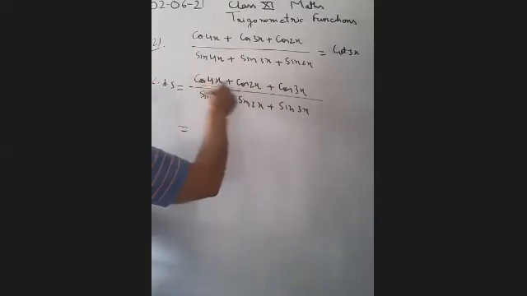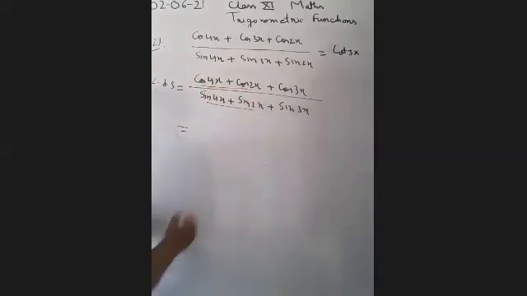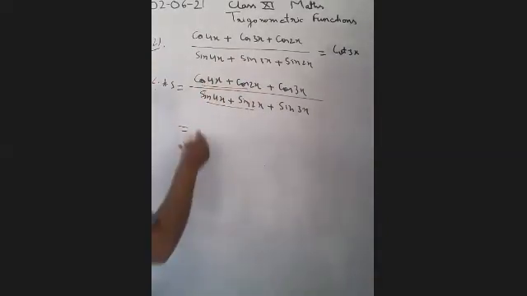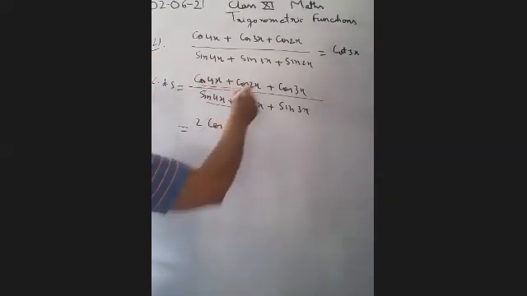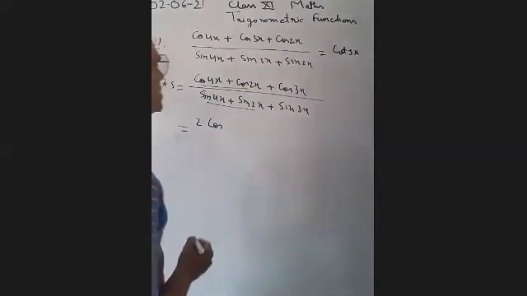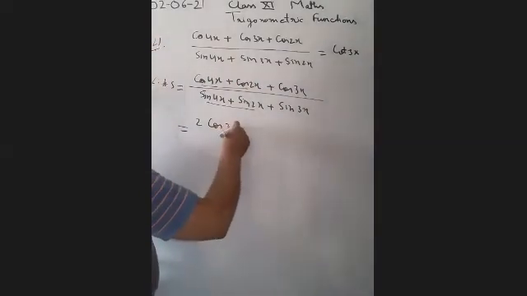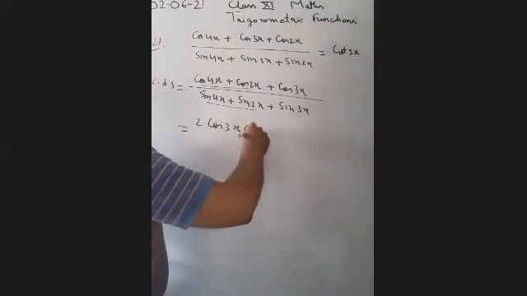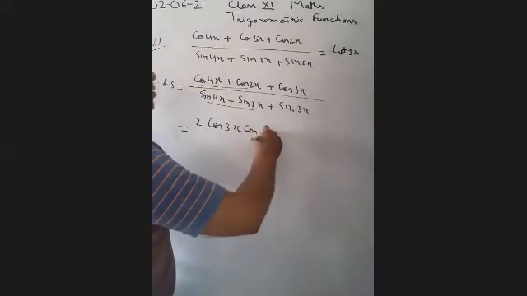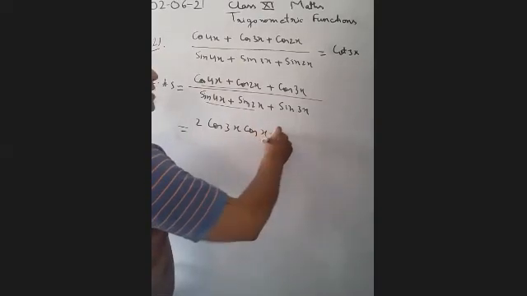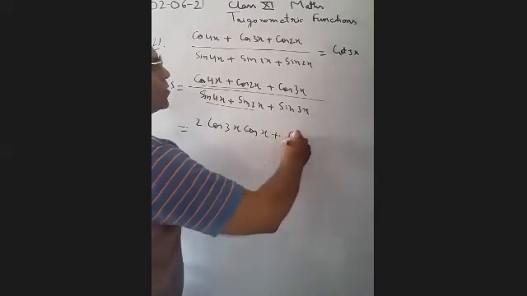Now we are using the CD formula in the numerator and denominator. It will be equal to 2 cos of (4x plus 2x) over 2, which is 6x divided by 2, we get 3x, and cos of (4x minus 2x) over 2, that is x, plus cos 3x.